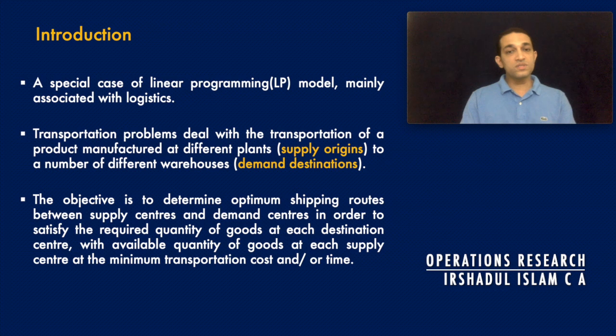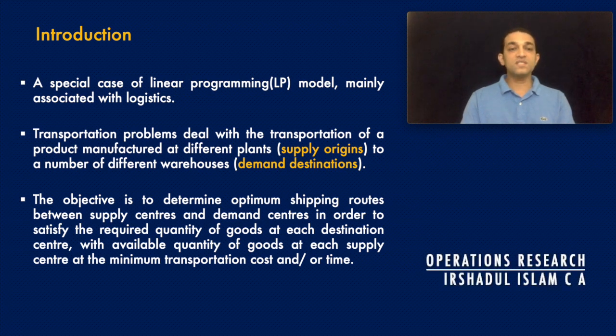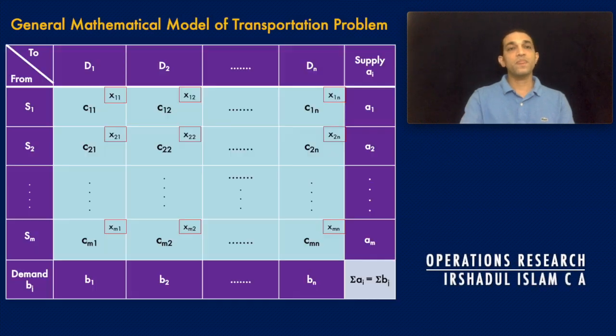The objective is to determine optimum shipping routes between supply centers and demand centers in order to satisfy the required quantity of goods at each destination center with available quantity of goods at each supply center at the minimum transportation cost or time. General mathematical model of transportation problem can be seen like this.